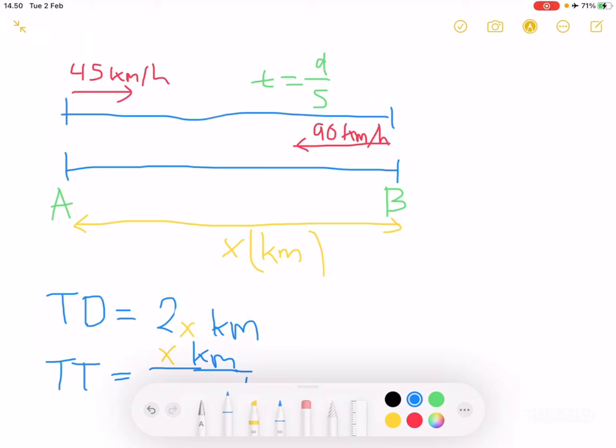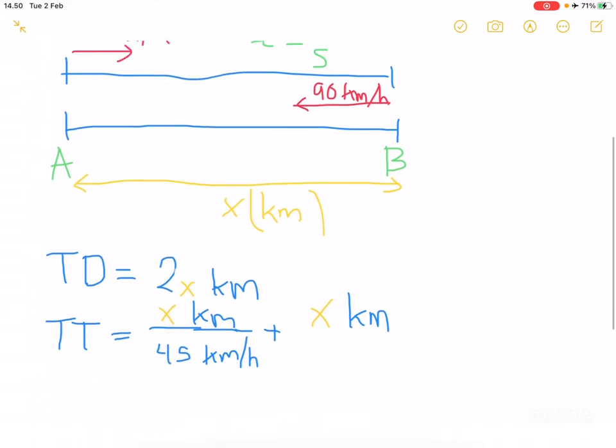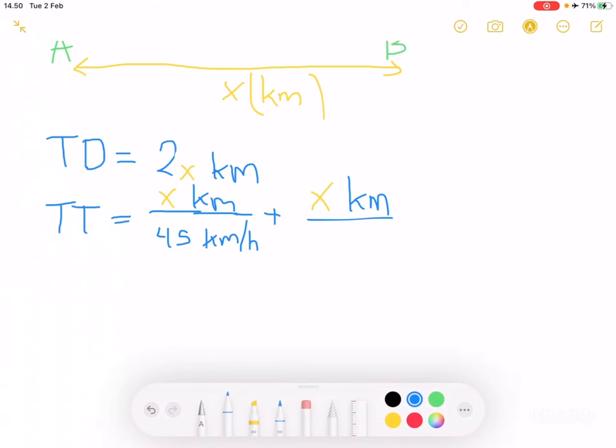So anyways, since it's total time, we must add the time of the second journey, which is the total distance over the speed of the second journey. So we'll have x kilometers, that's the distance traveled for the second journey, and then our speed will be 90 kilometers per hour.